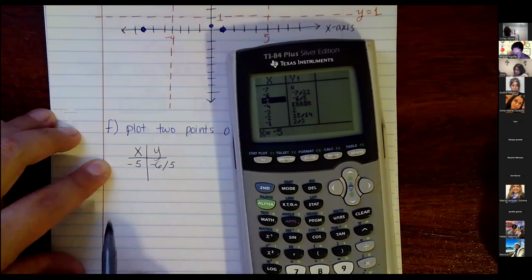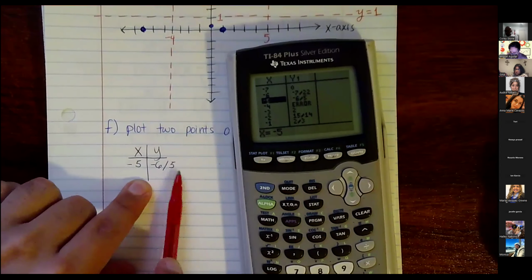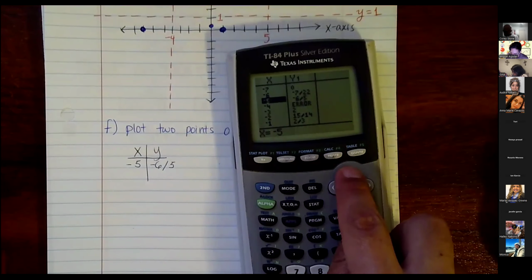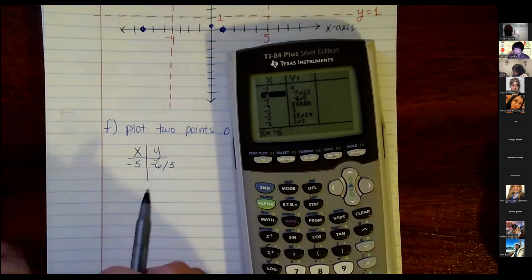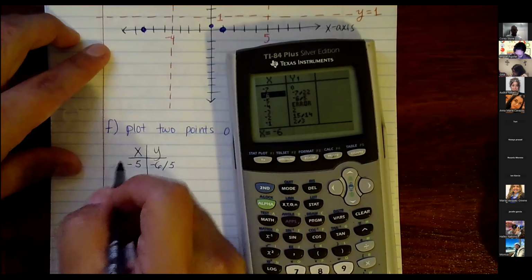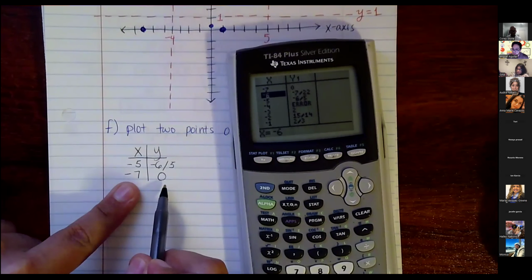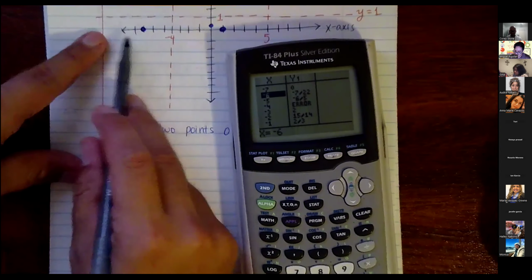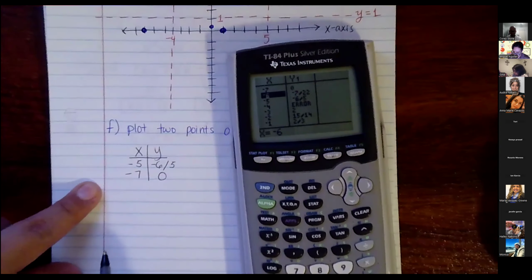So that's my XY pair. I could plot that if I wanted to. We would just have to convert -6 over 5 to a decimal so that we could do that by hand, right? And then I could choose -6 and -7 over 22, but we already have (-7, 0), because we already calculated that x-intercept. So that will be good for my 2 points over here on the left section of my graph.